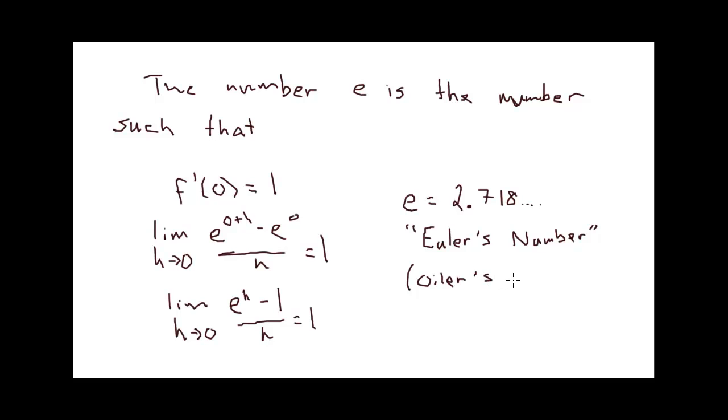He might have contributed more than any other mathematician in the history of the world, I guess. We read it like Euler, like the Edmonton Oilers, because he was Swiss. You don't pronounce things the same way. Okay, so that's what Euler's number is.